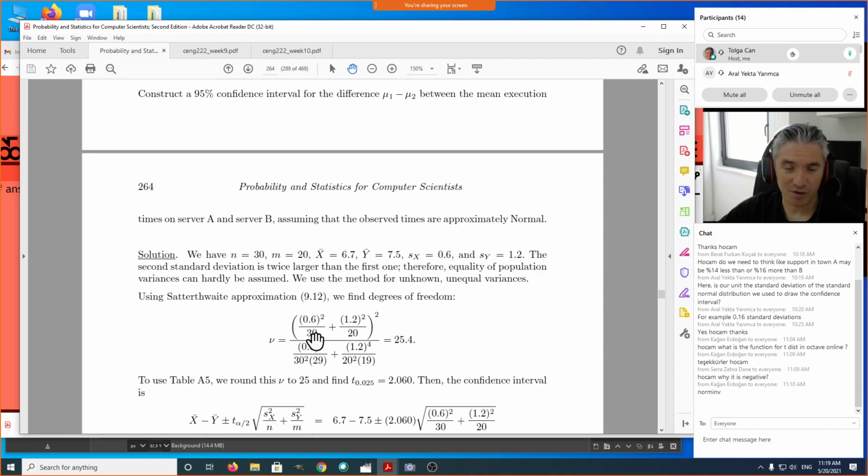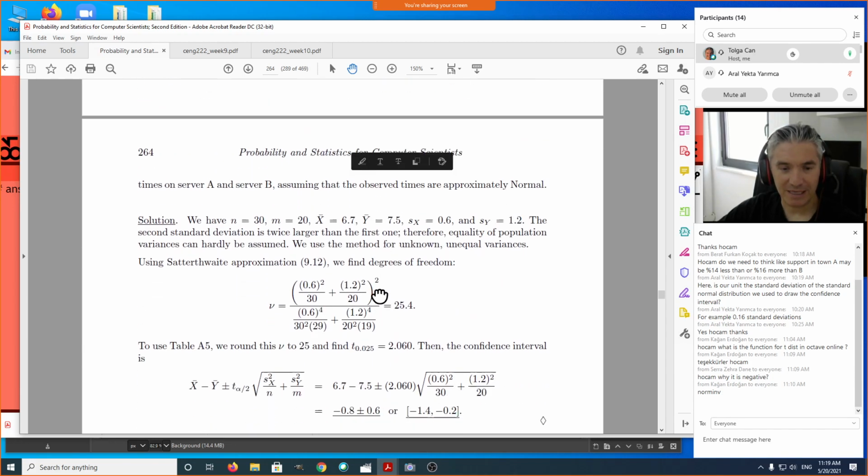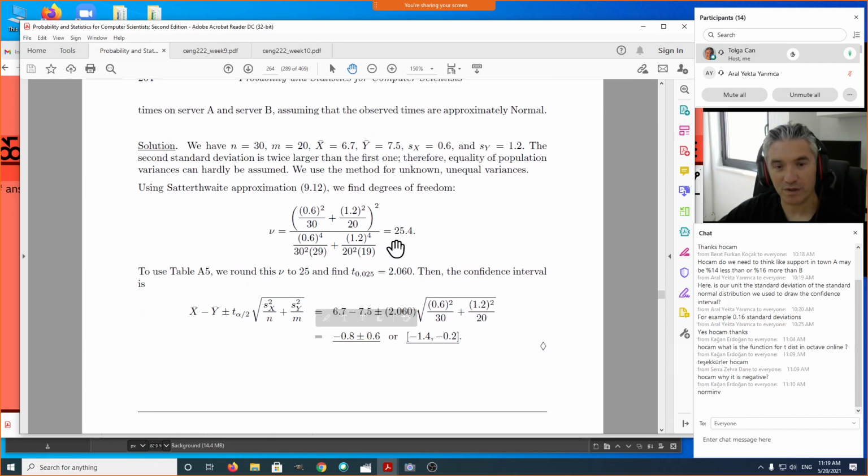Even in the example, you see it's complicated, but everything here is actually known. If you look at this equation, after you compute the sample variance for both samples, you just plug that into those formulas, where we also have the sample sizes. You plug that in, and it turns out V is 25.4.